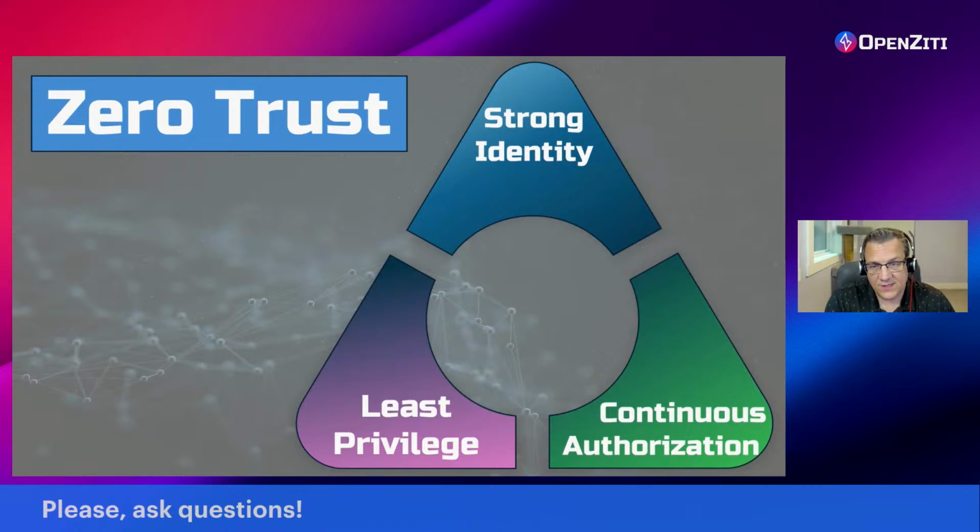Once you have authorized your bind and your dial endpoints, the next thing you might want to do is make sure that if anything changes, the dial connection or the server connection is severed. A good example of that would be OpenZiti's policies.